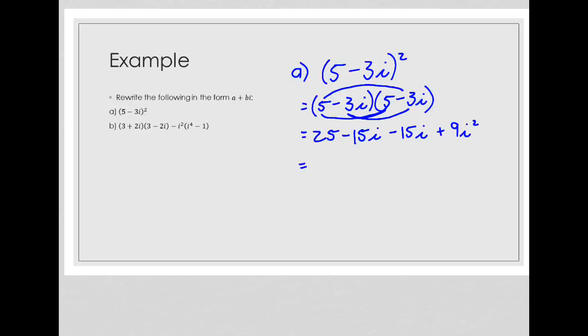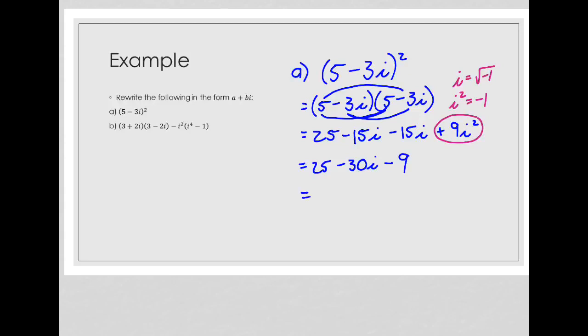So let's simplify this further. It's 25 minus 15i minus 15i, which is negative 30i. Remember that the definition of i is that i is the square root of negative 1. So therefore i squared is equal to negative 1. So this whole term, the 9i squared, will become negative 9.